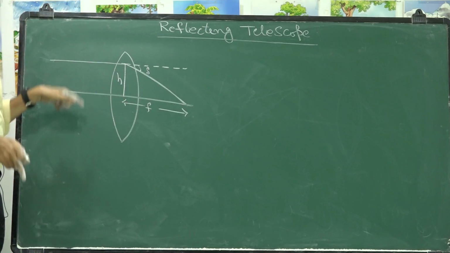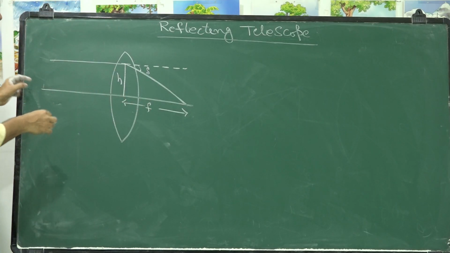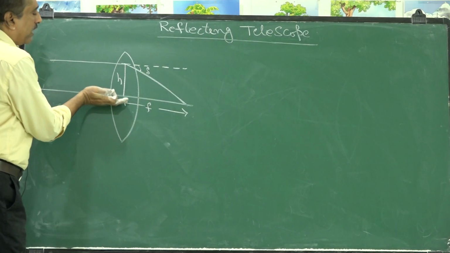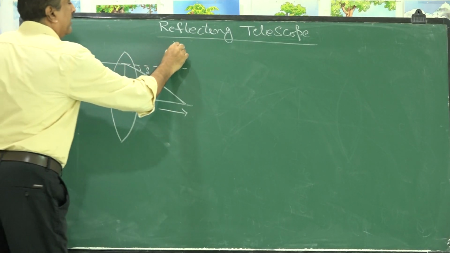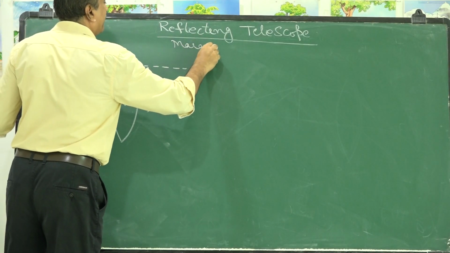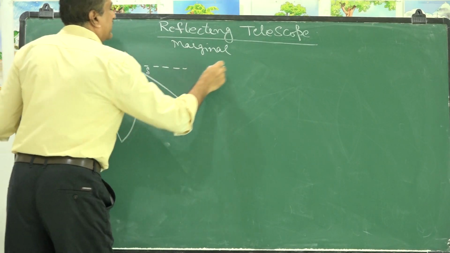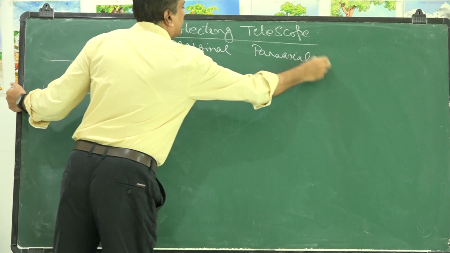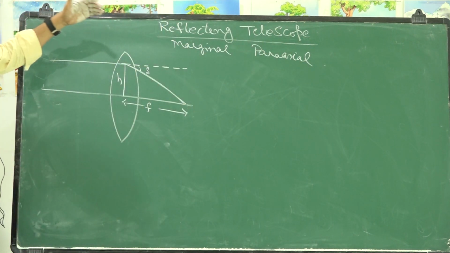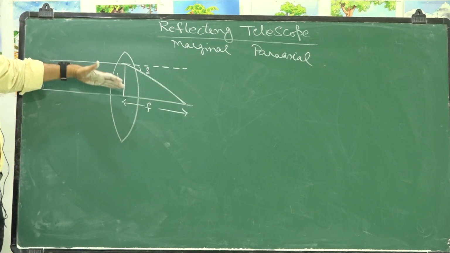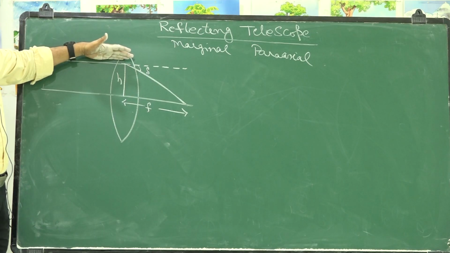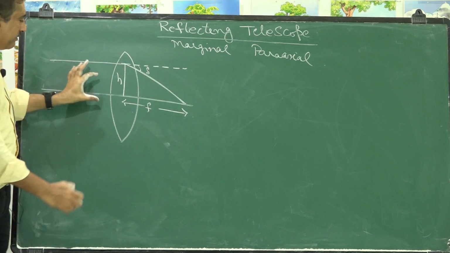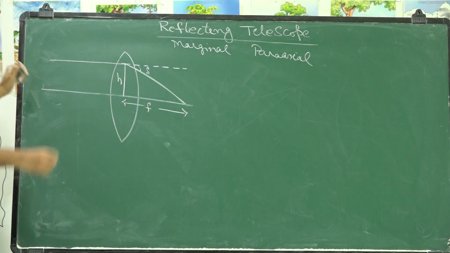But for a lens of larger aperture, the light rays which are very far from the principal axis are called marginal rays, and those very close to the principal axis are called paraxial rays.